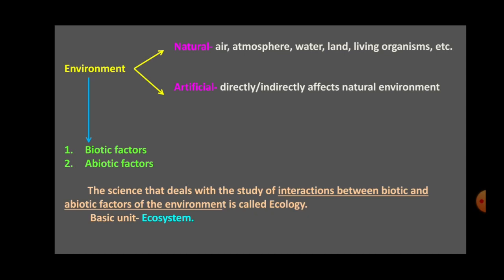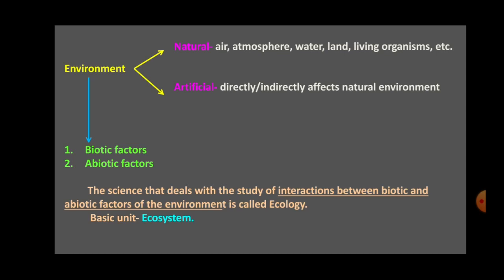Now what does ecosystem mean, students? Again, eco means environment. So ecosystem means a biological community of interacting organisms and their physical environment. Difficult to understand? Okay. Any community or group of living organisms that live in and interact with each other in a specific environment.